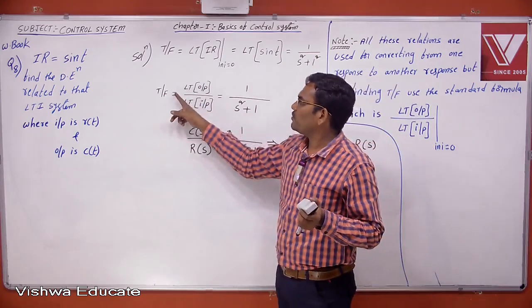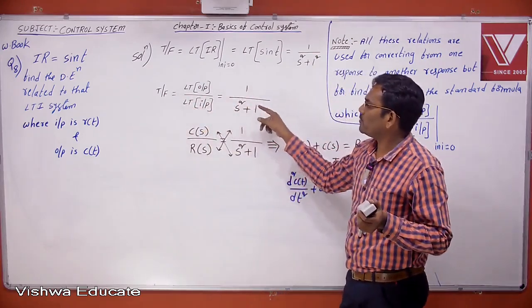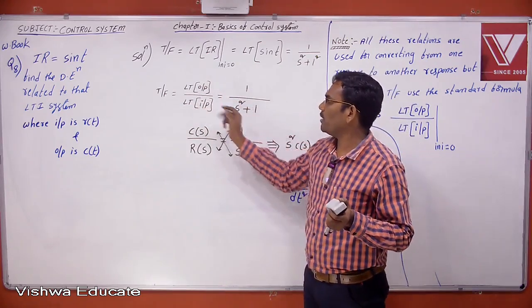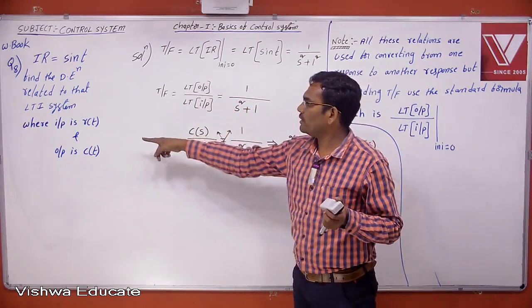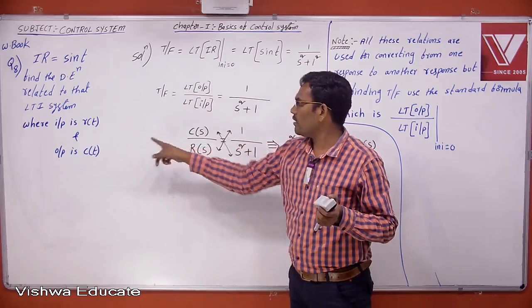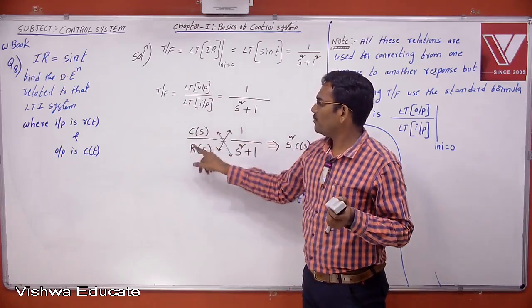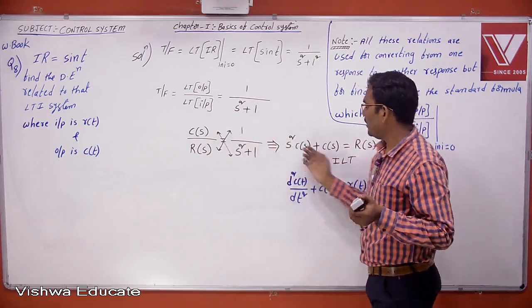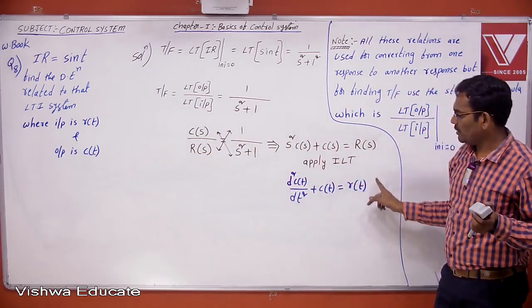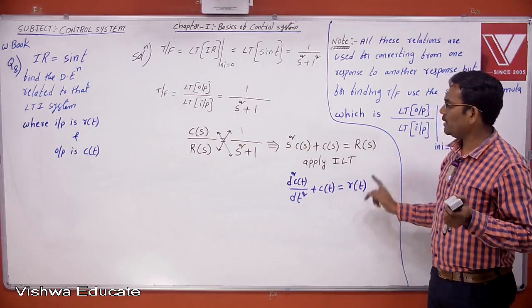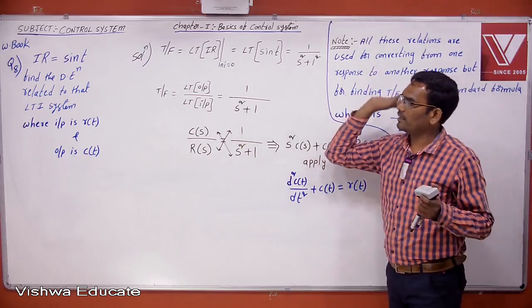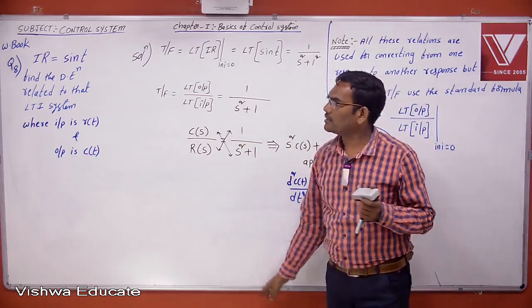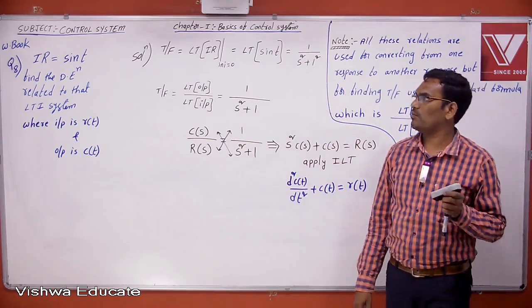Therefore, the transfer function is 1 by s square plus 1. Output is c of t, input is r of t, therefore c of s by r of s equals 1 by s square plus 1. If I cross multiply and apply the inverse Laplace transformation, this is the differential equation related to that particular LTI system. This is question number 8 in our classroom workbook.